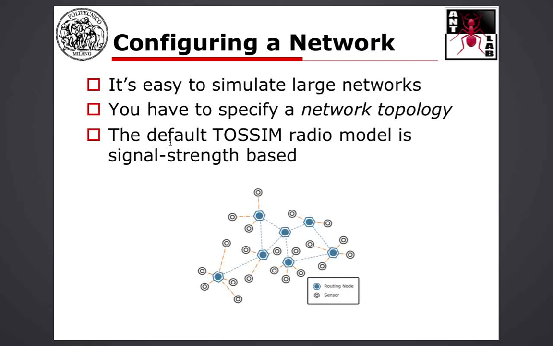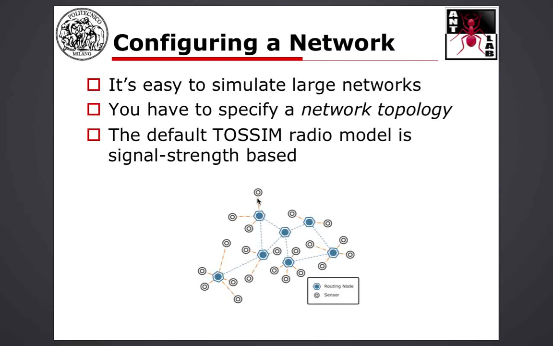And we will start exactly by looking at this. So in TOSSIM, in order to set up the simulation, you write a text file that contains the network topology, and I will show it to you now. So a network topology is something like this. You have nodes which can be deployed into space, and two nodes are connected by a link if they can communicate. Moreover, you can specify the strength of this link. You can have good links, you can have bad links.